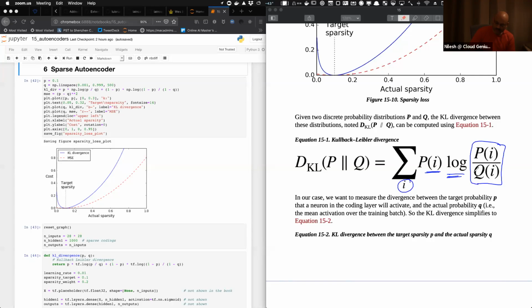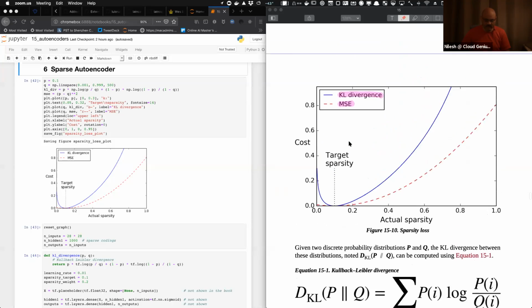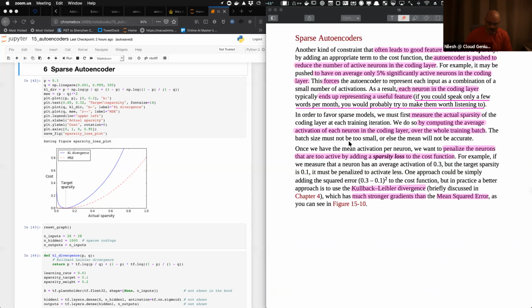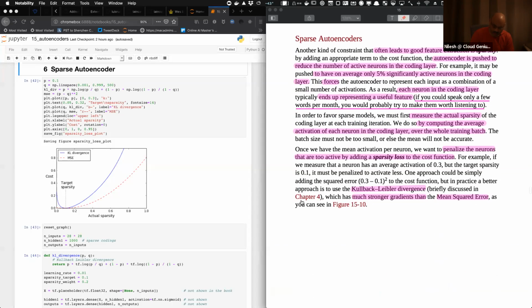I think the underlying detail behind this is mentioned in an appendix, or where is it mentioned? Chapter 4? Briefly discussed in chapter 4? Maybe it is mentioned there. So we should go and take a look at that later. But the concept is, it is just another way of calculating difference.